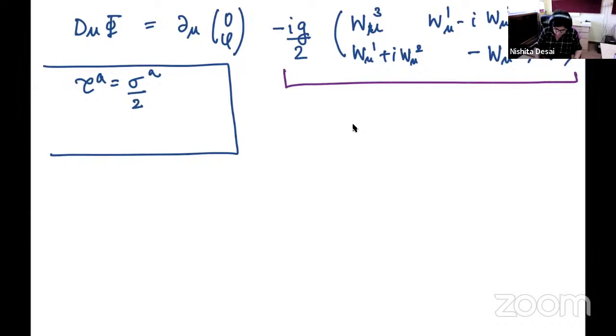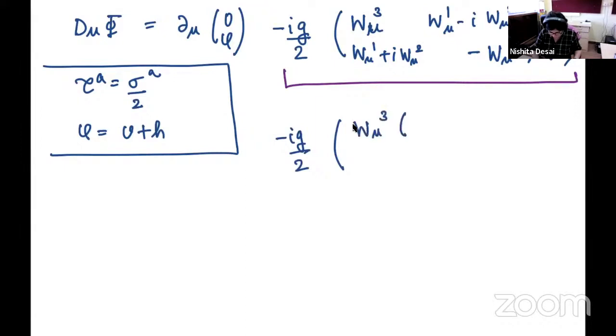And also recall you had your phi, which we wrote as v plus h, right? So just looking at this part of the term, so you have minus h. So 3 times phi, which I'm going to write as v plus h.